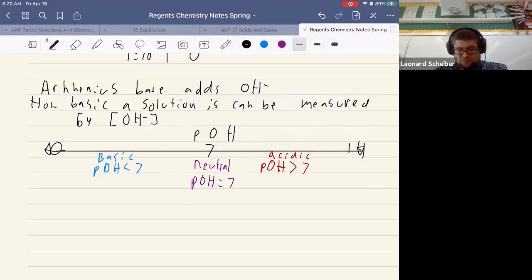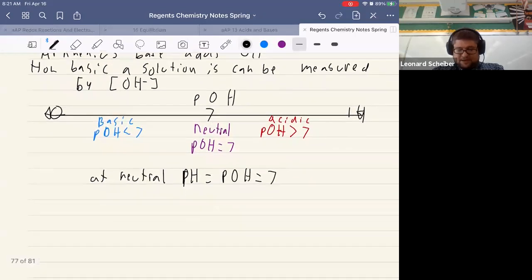So there's actually a way for us to convert between pH and pOH. We know that at neutral, the pH must equal the pOH, which must equal 7. Why is that true?